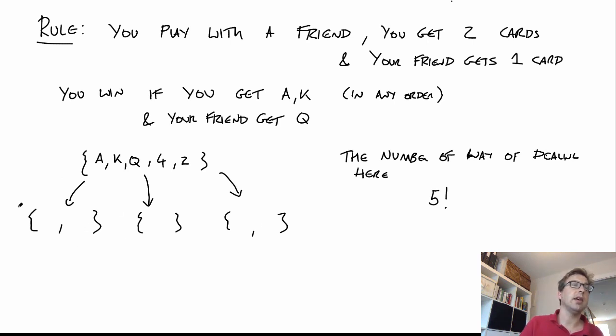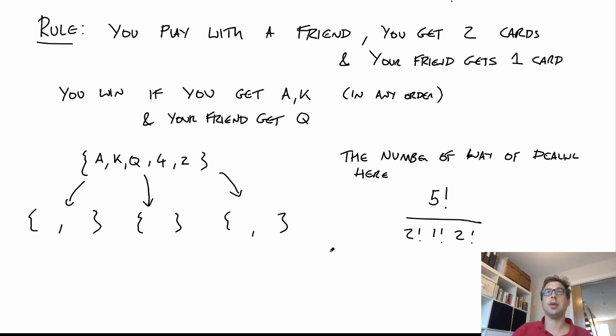Then, because it doesn't matter for the first 2 cards, the order that they occur, I divide by 2 factorial, and then because my friend gets 1 card, we don't care about the order that they get that 1 card, divide by 1 factorial. Finally, for these last 2 cards which are left with the dealer, which we don't care if they get a 2 and a 4 or a 4 and a 2, we once again divide by 2 factorial.